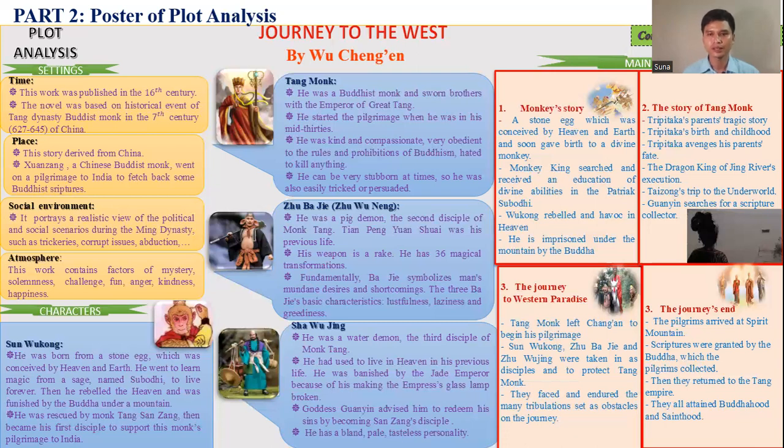And the next is Tripitaka avenges his parents' fate. And the next is the Dragon King of Jing River's execution. Taizong travels to the underworld. And the last story of the Tang monk is Guanyin searches for a scripture collector.